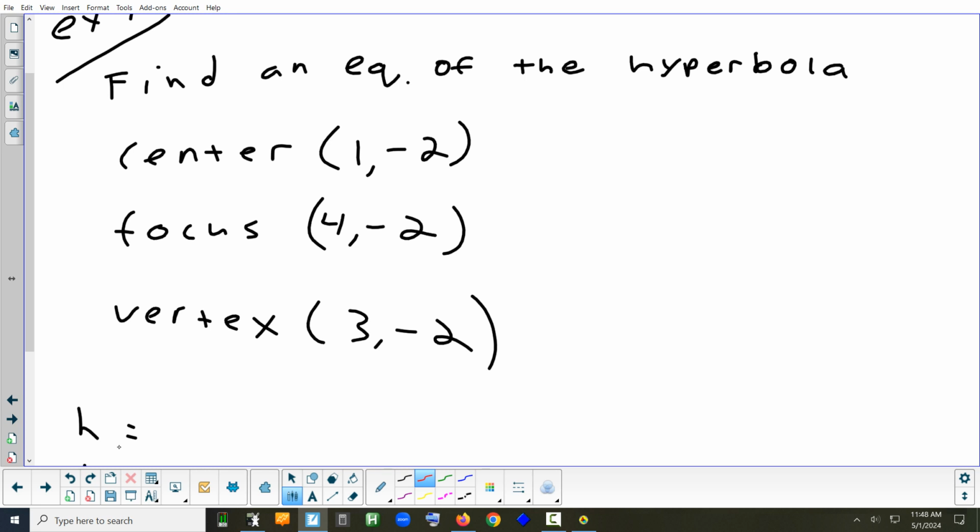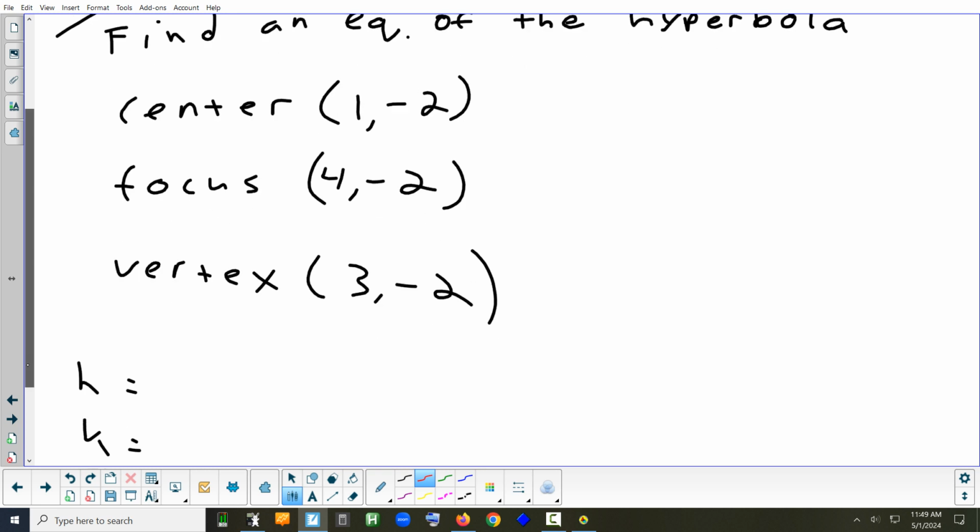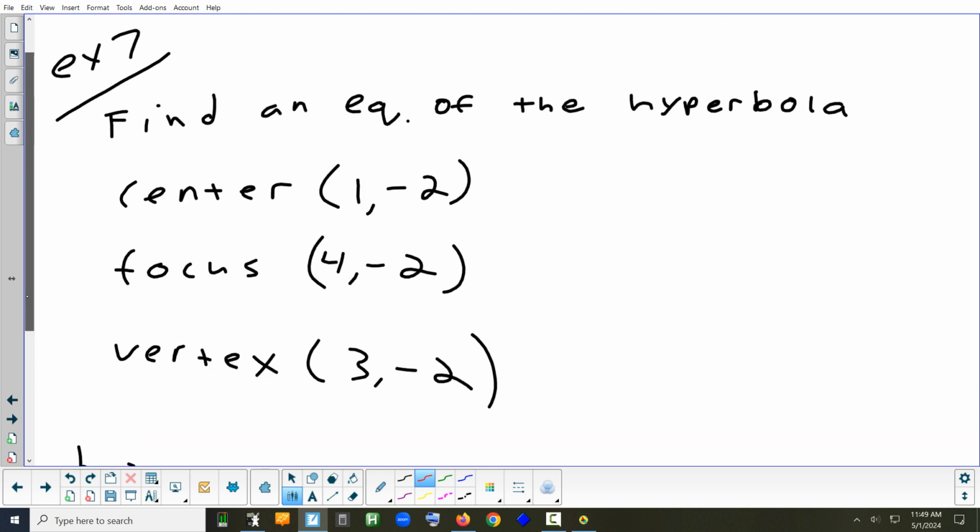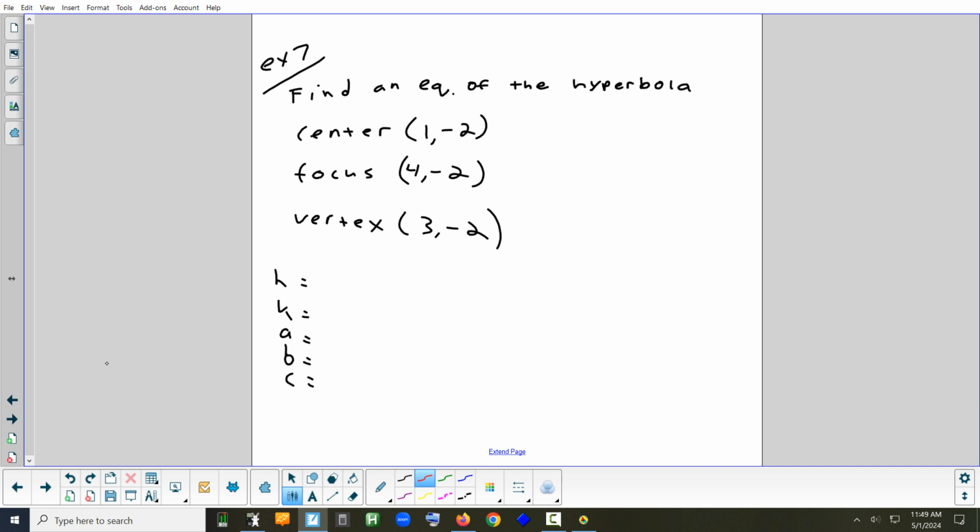What are the first 5 things that you should write down, whether I give you this information or I ask you to give that to me? Yep, h, k, a, b, c. We need the h, k, a, b, c. What is h in this case? 1. What's k? -2.